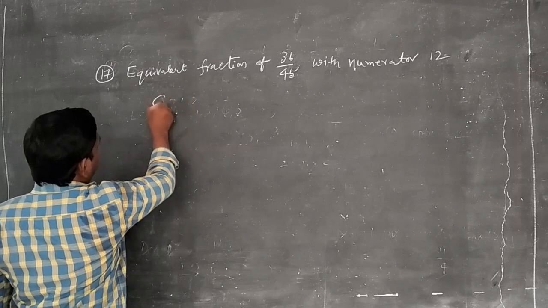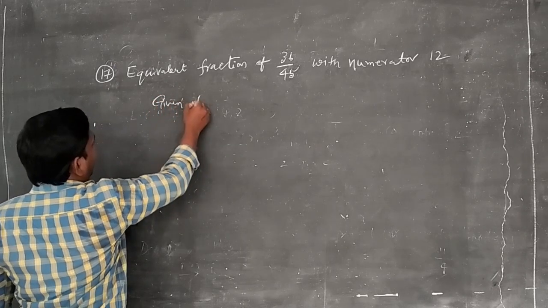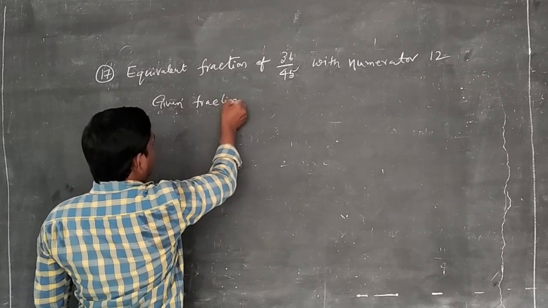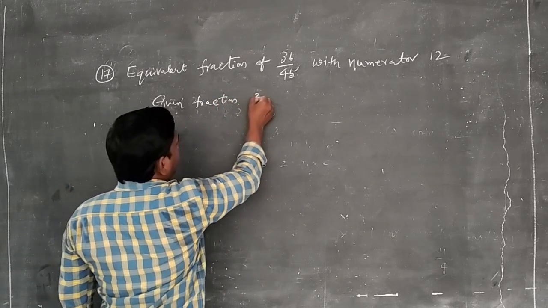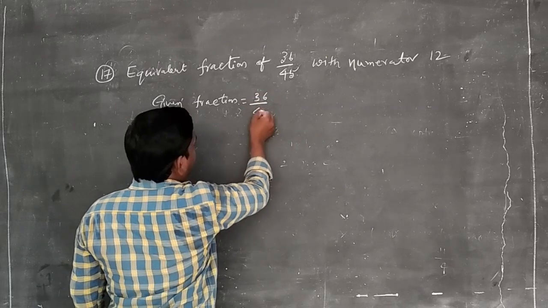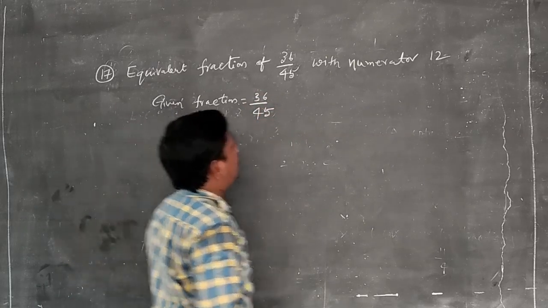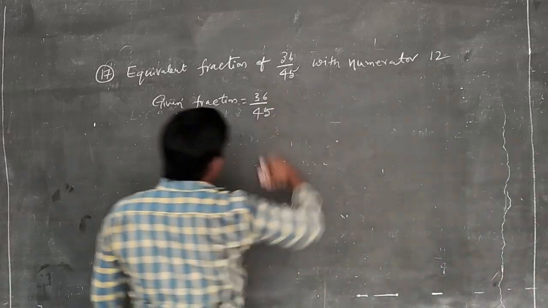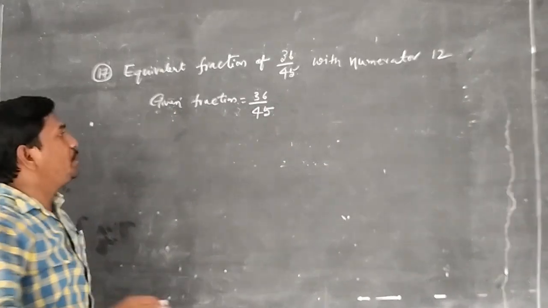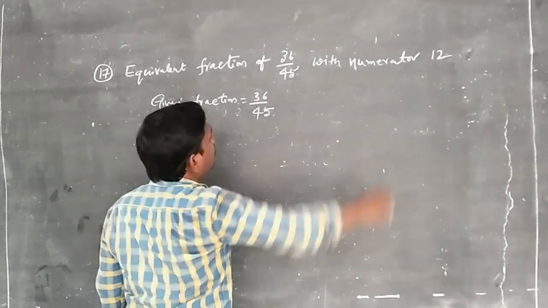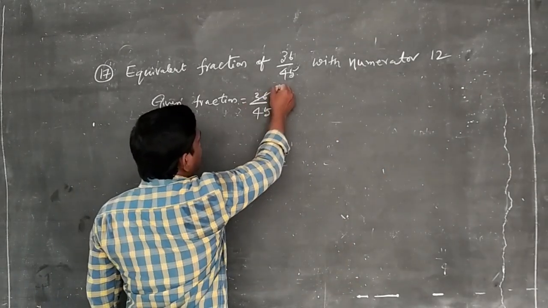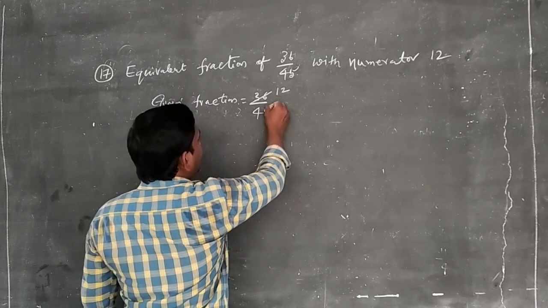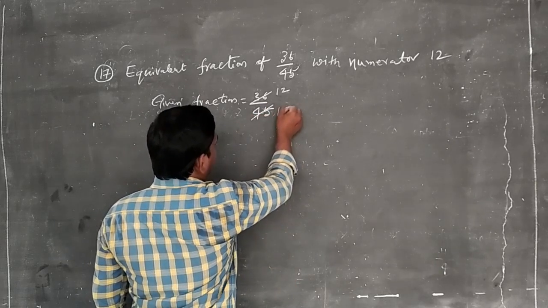The given fraction is 36 by 45, with numerator 12. So the given fraction should be simplified with numerator 12. 3 12s are 36 and 3 15s are 45.